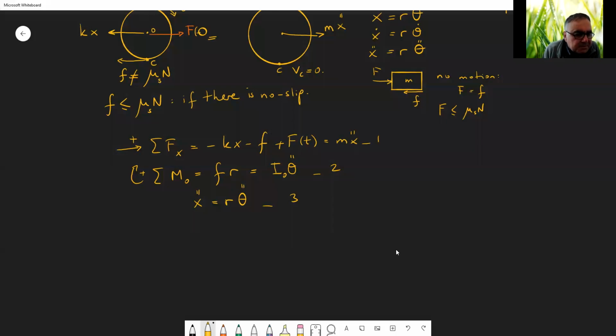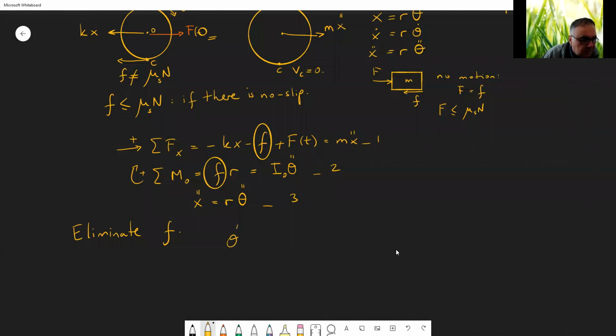Now, there is something we don't like here, and that is this friction force F. We don't know what it is, plus we don't need it, so we can just eliminate it. We have too many equations, so using those equations we can eliminate it.